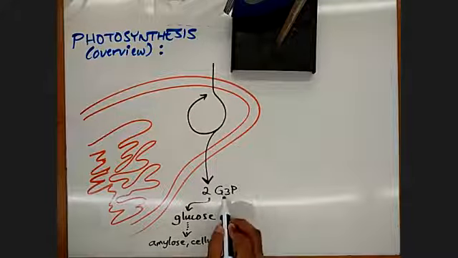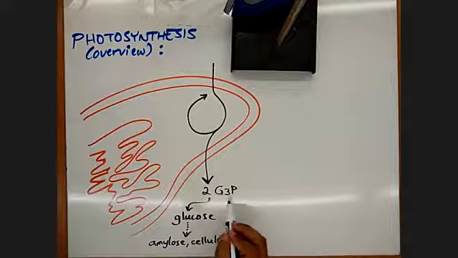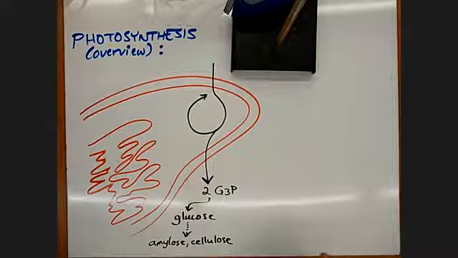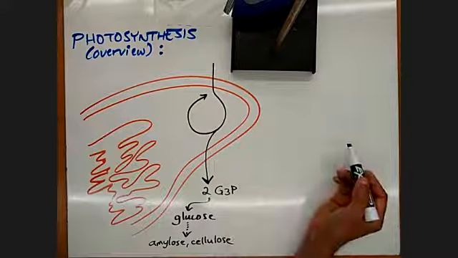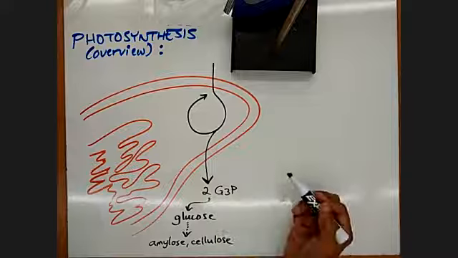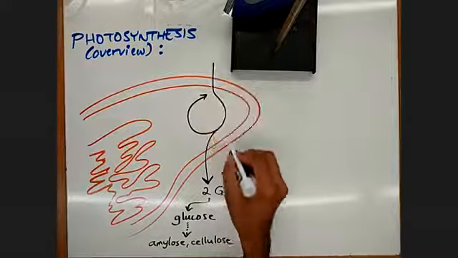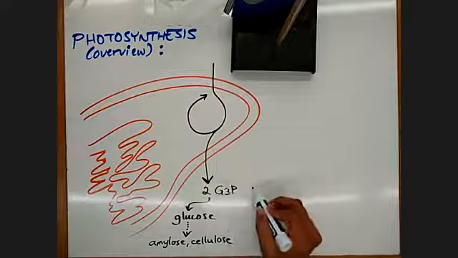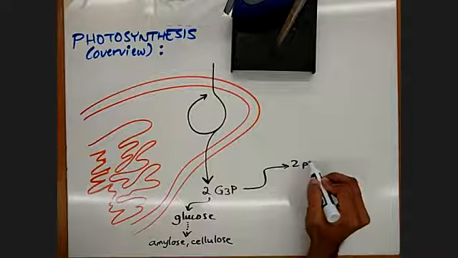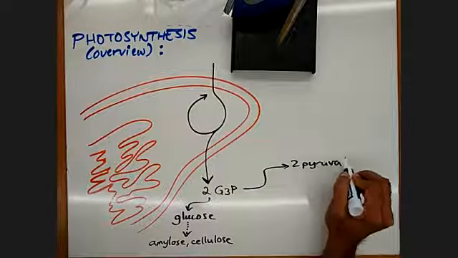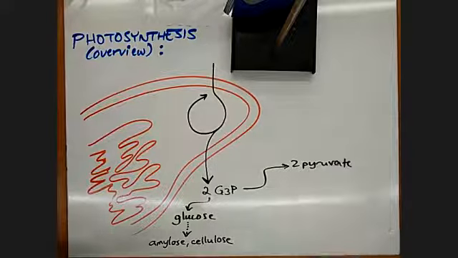This sugar is also the basis for making all of the other molecules in a plant. Remember, the purpose of photosynthesis isn't just making sugar so you can burn it in mitochondria, right? That's kind of a zero-sum game. Yes, we are making sugar. Some portion of it is going to get converted into a form that will go into mitochondria, right?